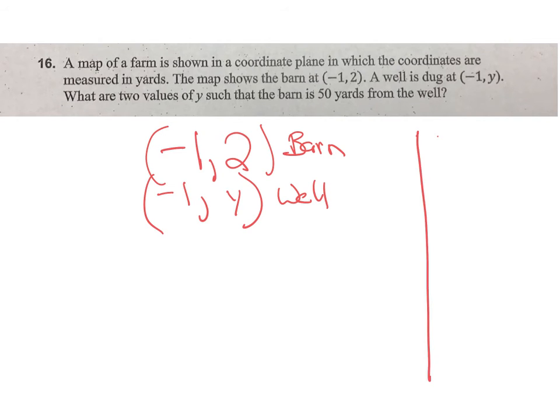Okay, I'm going to do a little grid like this. Now, we know the barn is going to be over -1, and up 2. 1, 2. So there is the barn. Now, the well has to be the y.